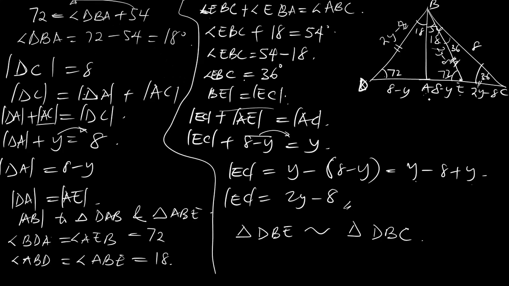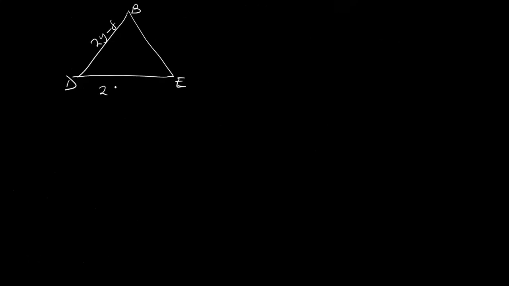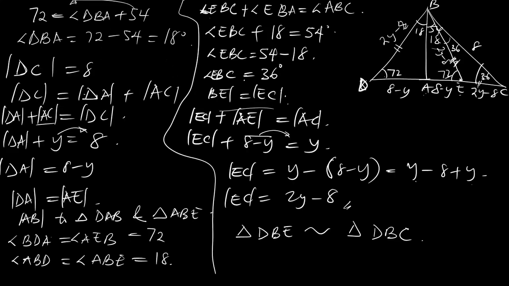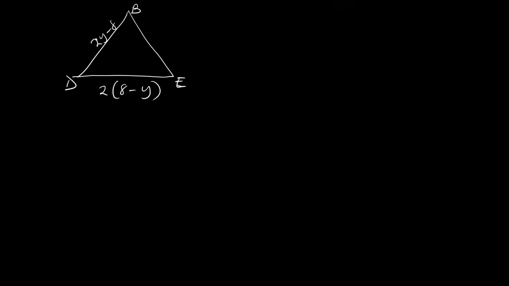Here DE is DA plus AE. Since both of them are the same, which is 8 minus Y, it's 2 times 8 minus Y. Then BE is the same thing as 2Y minus 8.